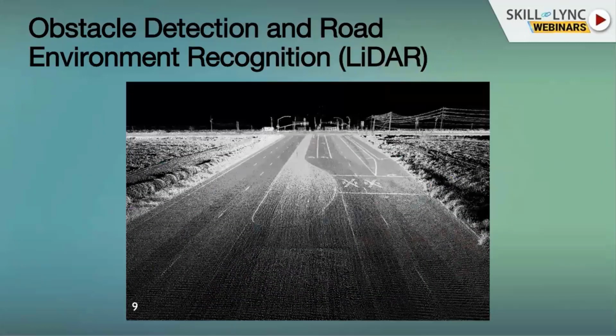Another application is road environment recognition. Especially in the case of Indian roads, which are not in very good condition, there are so many potholes, which may cause accidents for our self-driving vehicle and may divert its speed also.